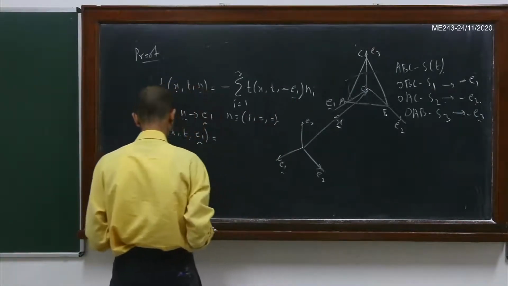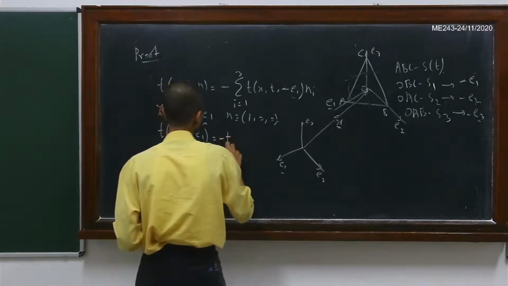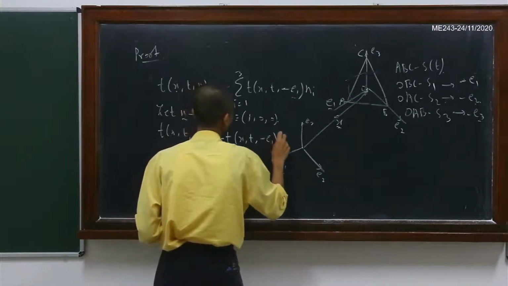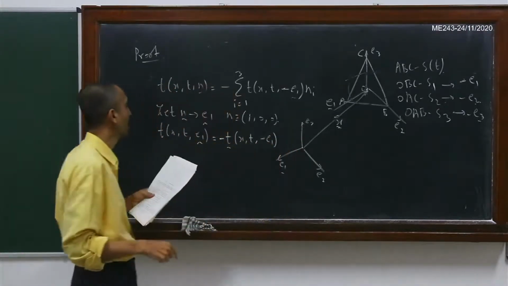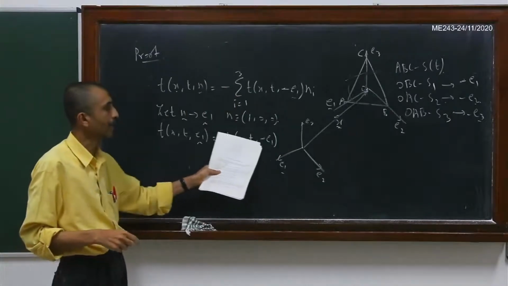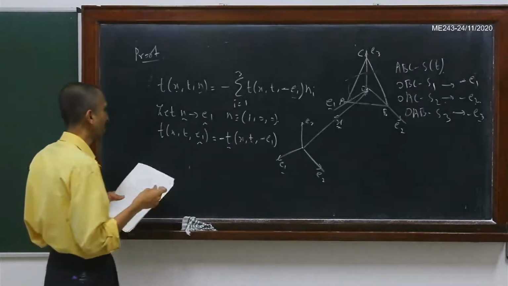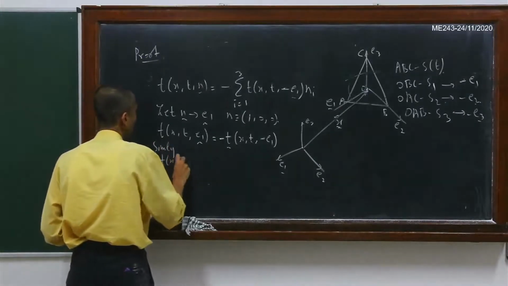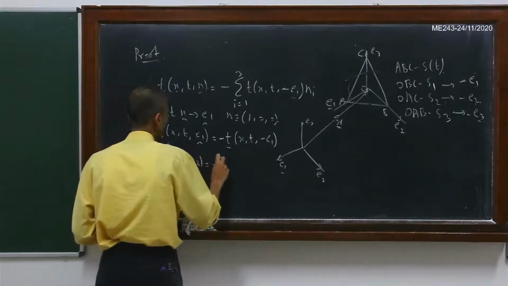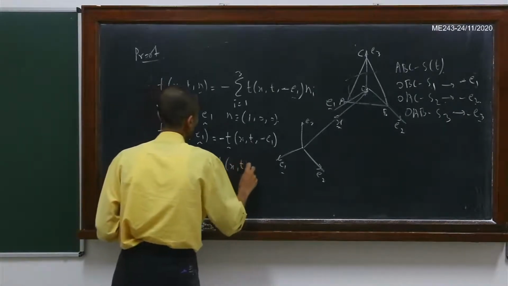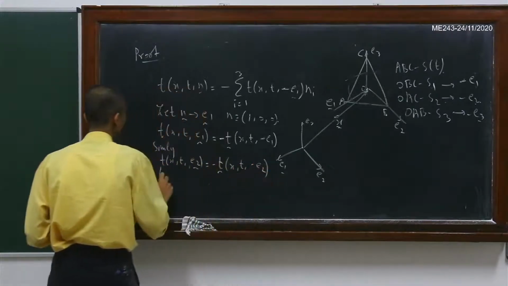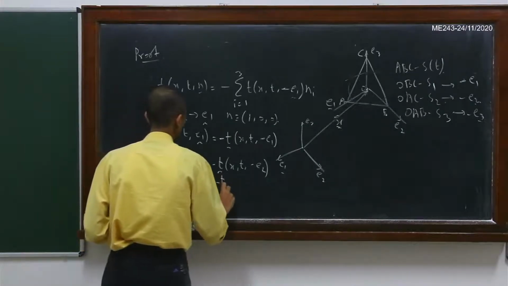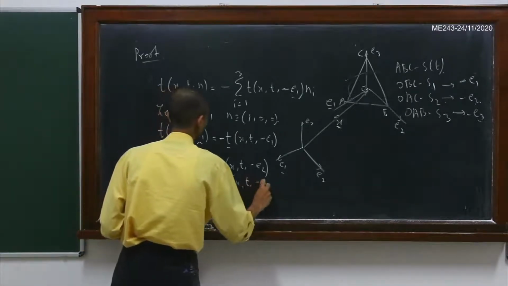So you will get that this is equal to minus T of x, t, minus E1 times 1, since n1 is just 1. So T of x, t, E1 is minus T of x, t, minus E1. And then similarly, T of x, t, E2 is equal to minus T of x, t, minus E2, and T of x, t, E3 is equal to minus T of x, t, minus E3.